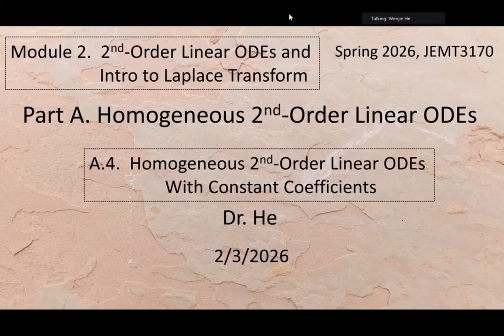8.4, still homogeneous. Remember, in our homogeneous equations with P function, Q function, only for special P and Q functions can we solve the ODEs. For complex P and Q functions, we couldn't find a solution.